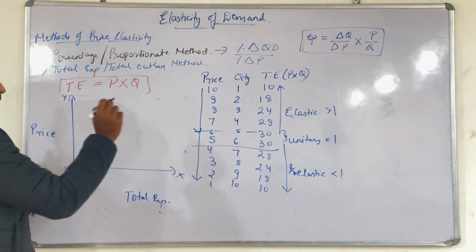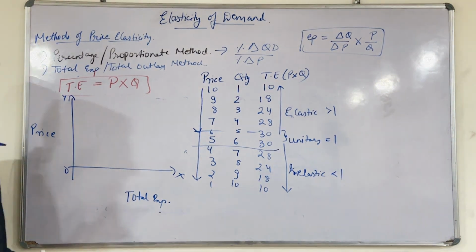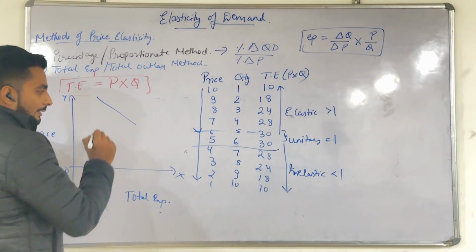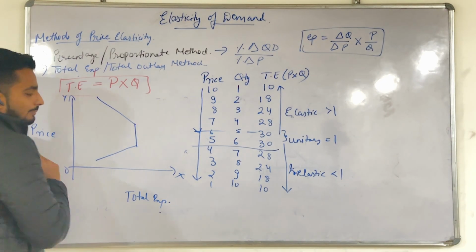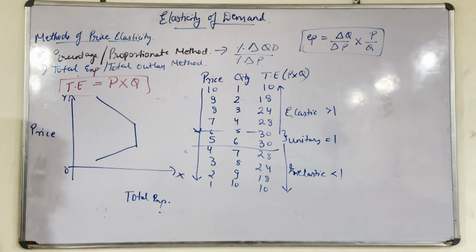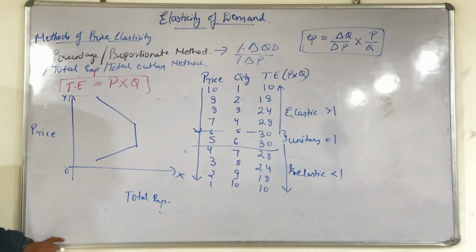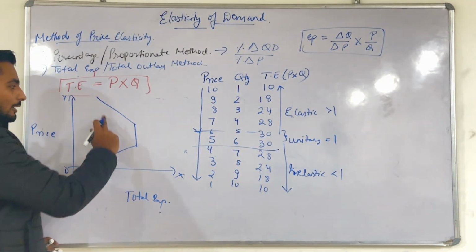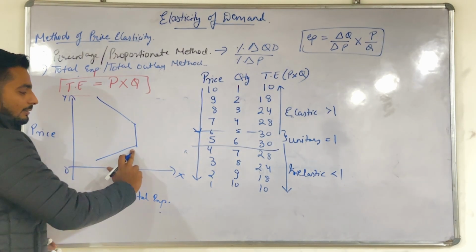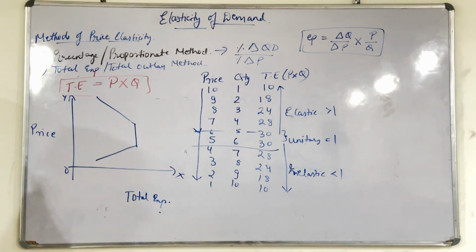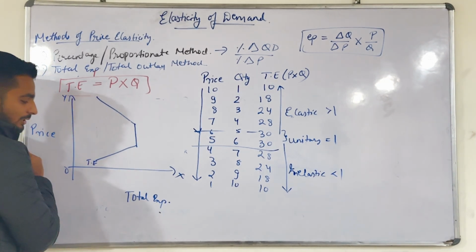Now when there is inverse relation, that means it will be sloping downwards. Constant, and then there is a direct relation, means sloping upward. Elastic means inverse relationship between price and total expenditure. So in inverse relation, what is the slope? Downwards. Then in constant the slope is constant, and in direct relationship the slope is upwards. Now this is your total expenditure curve.